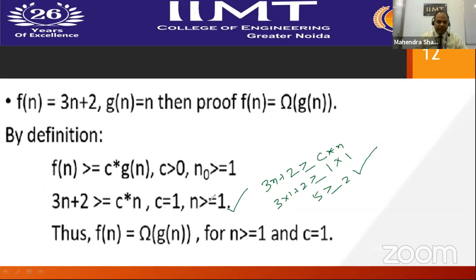Yes, correct. So we can say for n greater than or equal to 1 and c equal to 1, for f of n equal to 3n plus 2 and g of n equal to n, f of n is equal to big omega of g of n.